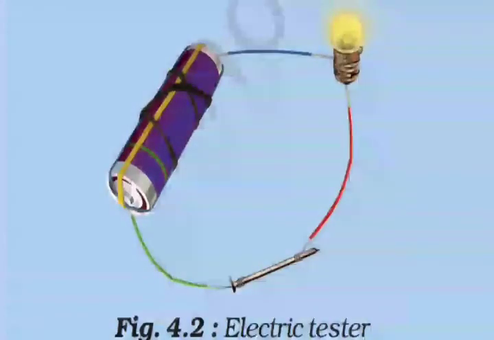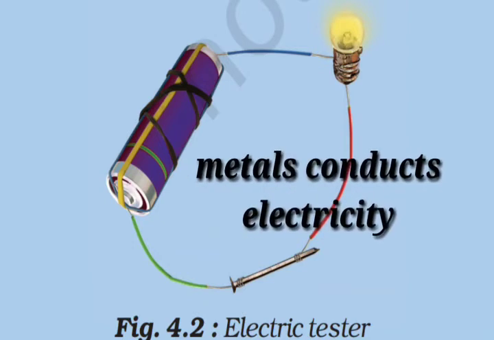Okay. Here the circuit you have learned in the lower classes, right? Look at the connection from the battery and bulb. In between you can see an iron nail. Why do they put an iron nail in the electric tester? Because iron is a metal which is a good conductor. So metal conducts electricity. Then only the bulb glows.